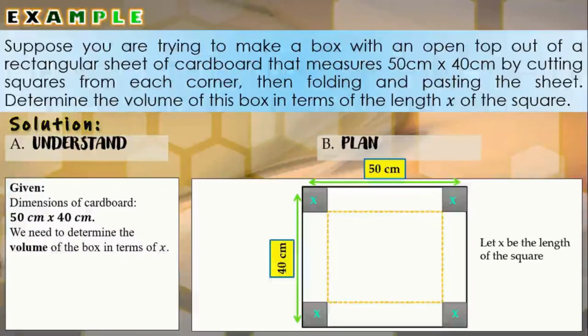Okay, so to get the measure of that yellow line, this will become 50 minus 2x. So, bakit 2x? Kasi po, dalawa na yung x sa dulo. So, we have to subtract it. And then, on the other side is 40 minus 2x.